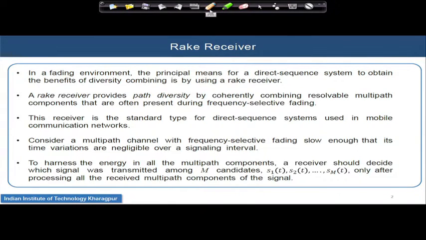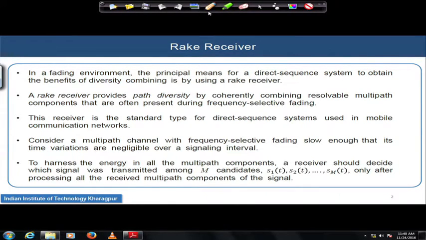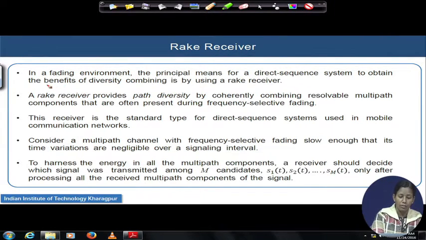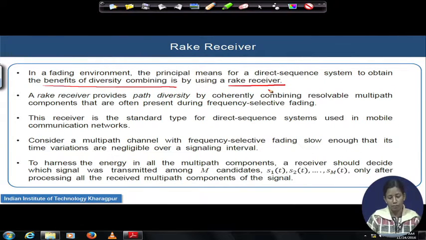As I have already mentioned, the Rake receiver, especially in the wireless fading environment, is a means to achieve the benefits of diversity combining, and that combining is possible in the architecture which we call a Rake receiver.